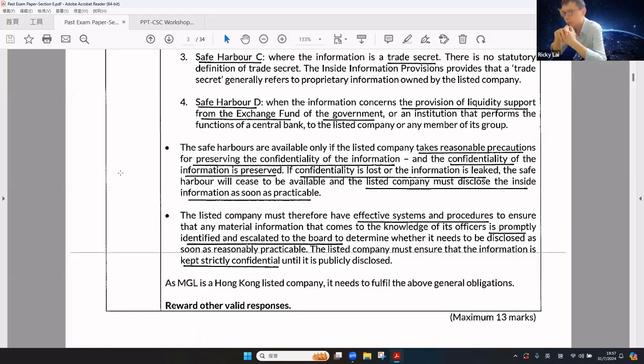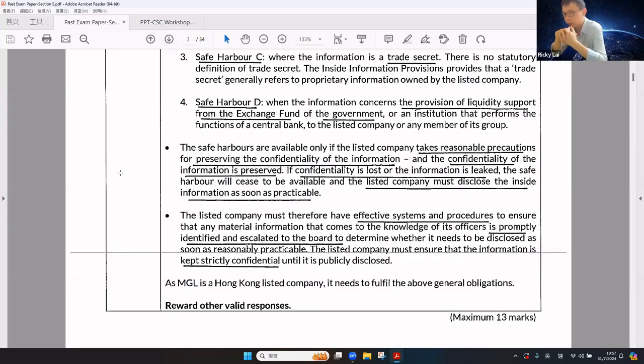The safe harbors are available only when the listed company takes reasonable precautions for preserving the confidentiality of the inside information, and the confidentiality of the information is preserved. If the confidentiality is lost or the information is leaked, the safe harbor will cease to be available, and the listed company must disclose the inside information as soon as practicable.